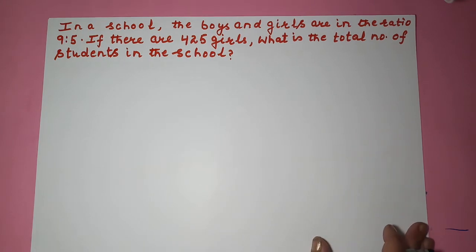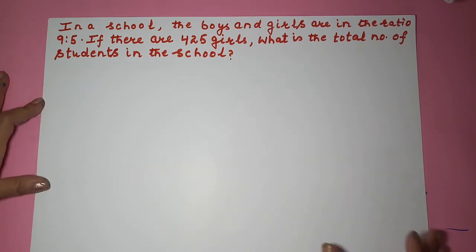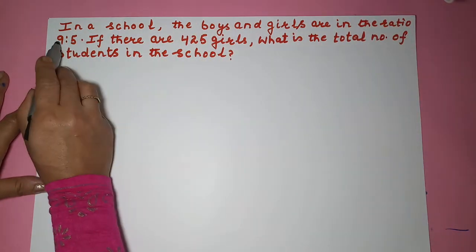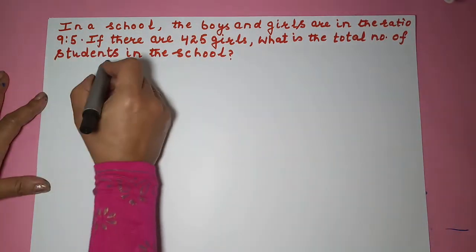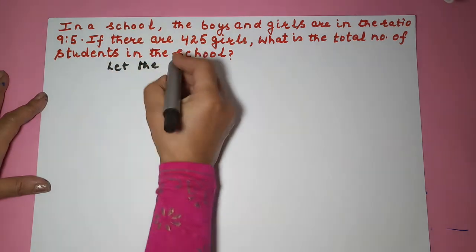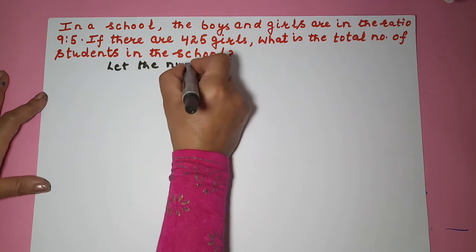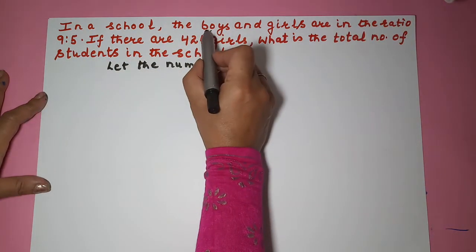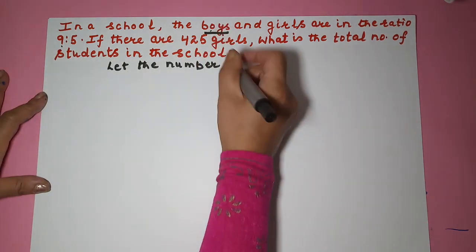Now, almost a similar kind of question. He's saying that in a school, the boys and girls are in the ratio 9:5. So let's write, let the number of, which one is the first? Boys. So 9 is for boys.